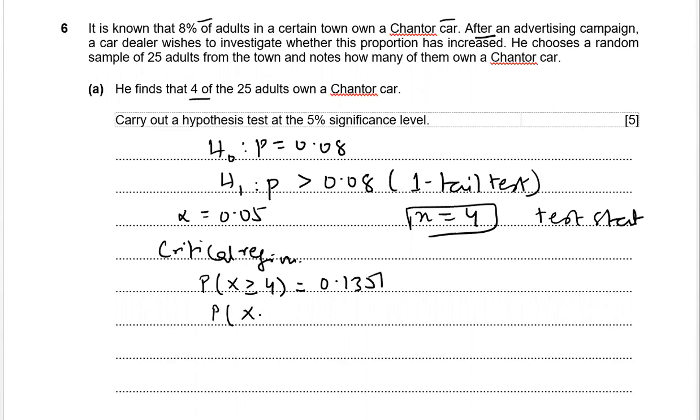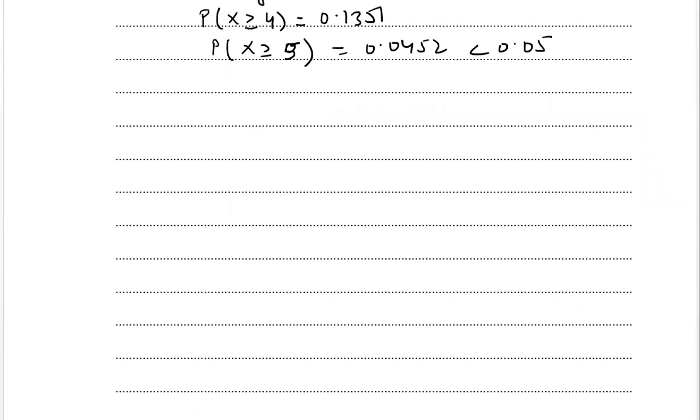Then we find P of X is greater than or equal to 5. This is coming 0.0452, less than 0.05. So when it is less than 0.05, it signifies that the critical region is X is greater than or equal to 5.